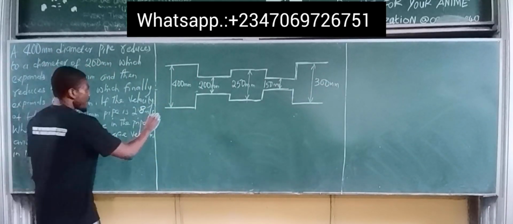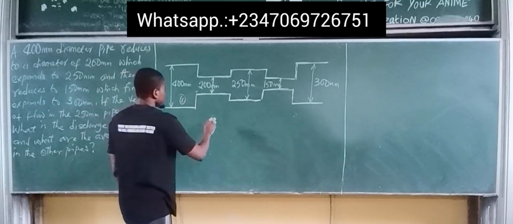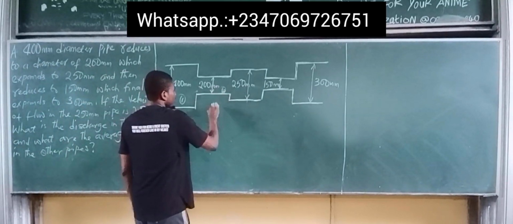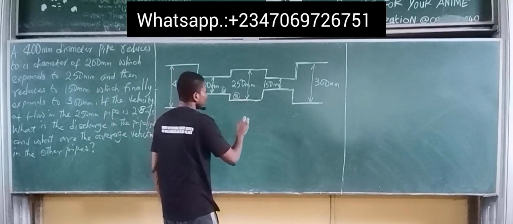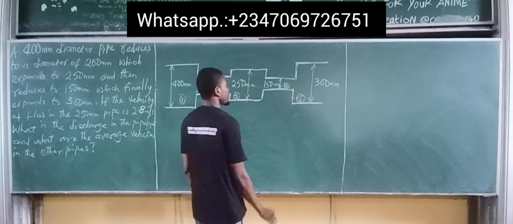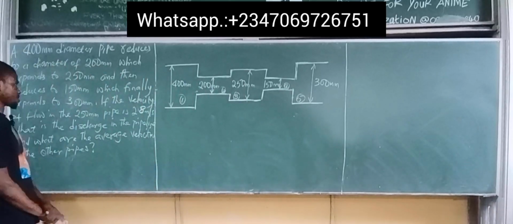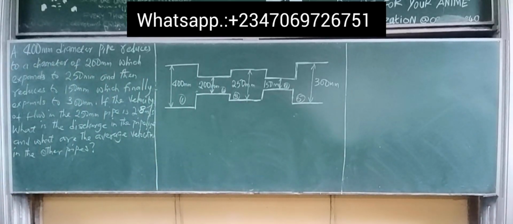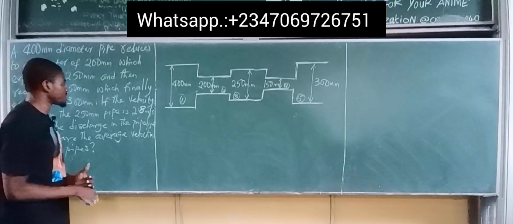So let's call this pipe 1. Let's call this pipe 2. Let's call this pipe 3. Let's call this pipe 4. And let's call this pipe 5. Now the question says if the velocity of flow in the 250 millimeter pipe is 2.8 meters per second.